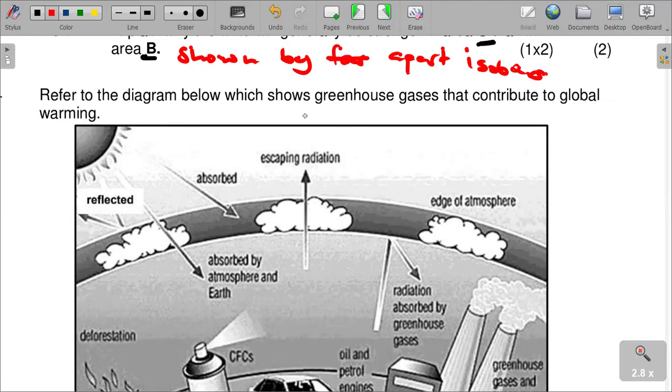We are given: refer to the diagram below, which shows greenhouse gases that contribute to global warming. Now you should be able to understand these questions again, the issue of greenhouse gases and global warming. We have reflected sun, and sun absorbed by the atmosphere and the earth.